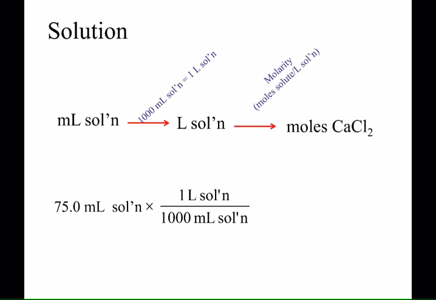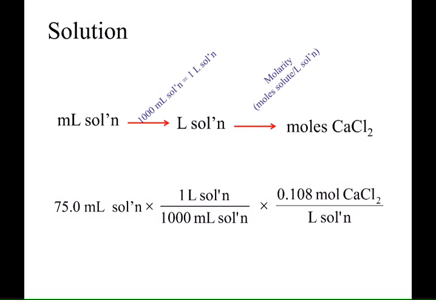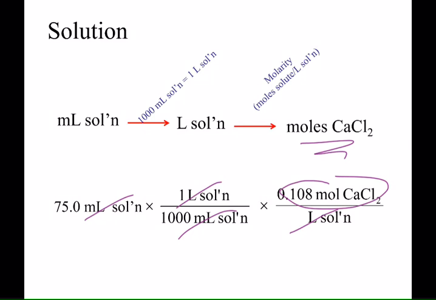Now we're going to use molarity. And what does that look like? It looks like this: 0.108 moles of calcium chloride over 1 liter of solution. It's the non-flipped version of what I call molarity. In this case, liters of solution cancel. Milliliters of solution had canceled before. We're left with units of moles of calcium chloride, which is exactly what we want to be left with.